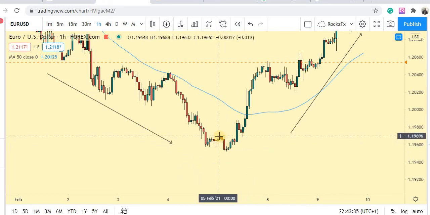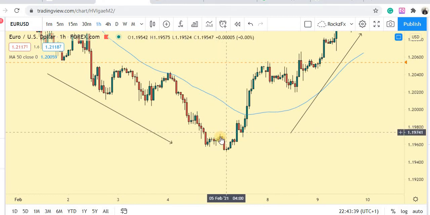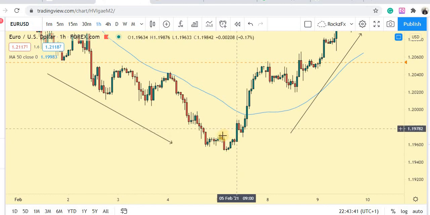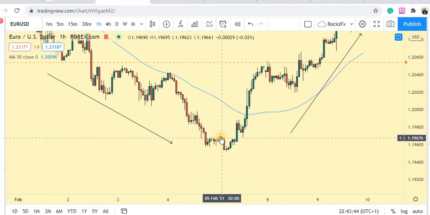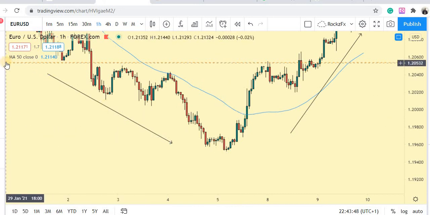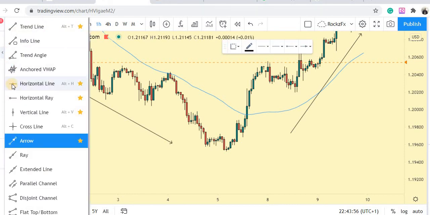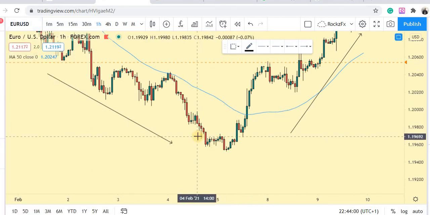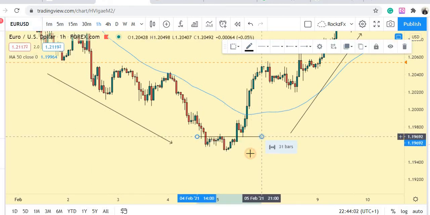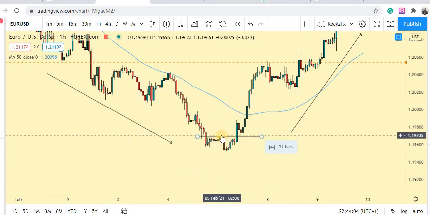And this lower high, you see what is happening? The price breaks this lower high. Immediately the price breaks the most recent lower high, exactly this level. This level, that is where we have the most recent lower high.